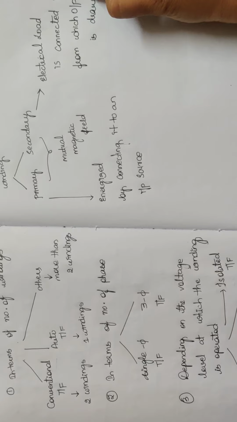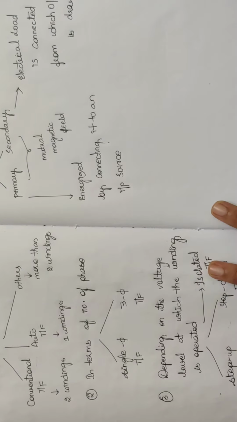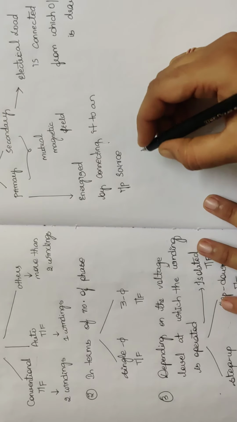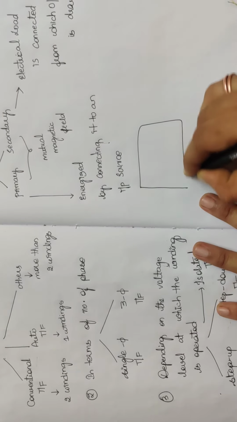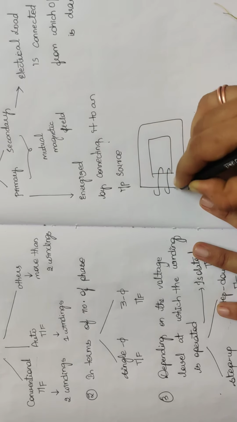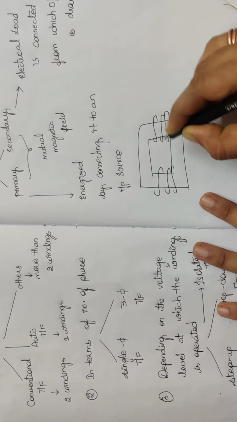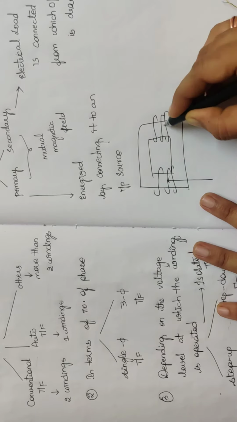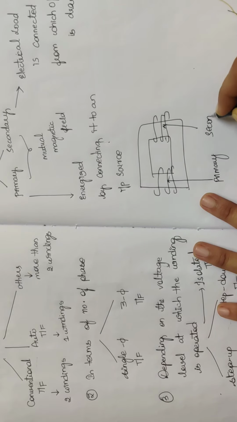So we will be taking the output at the secondary winding. This I have explained earlier. So in general, if I represent this transformer, this is your primary winding and this is your secondary winding.